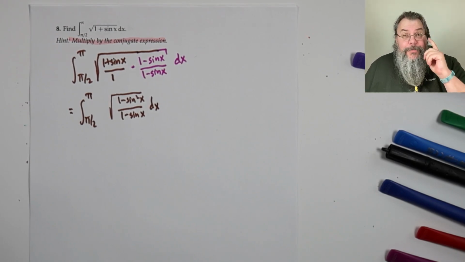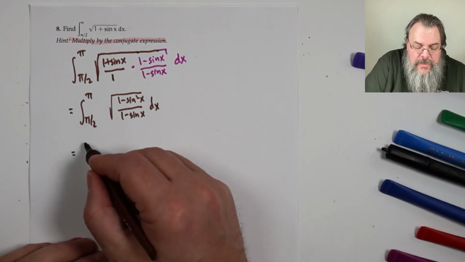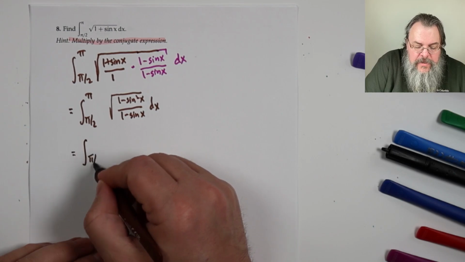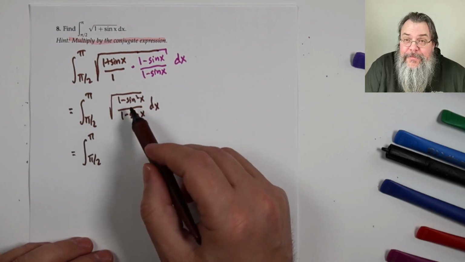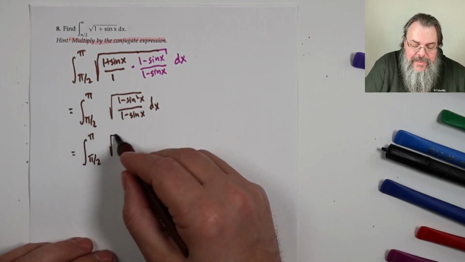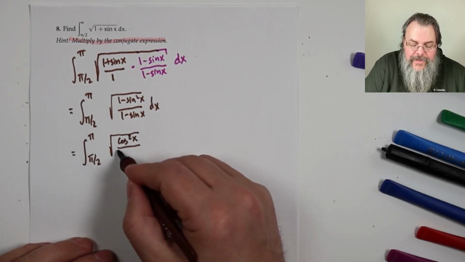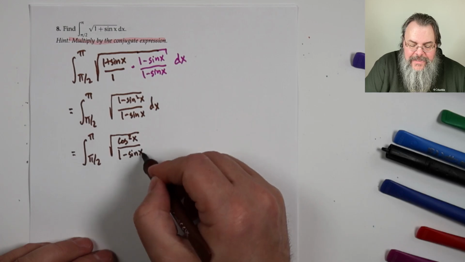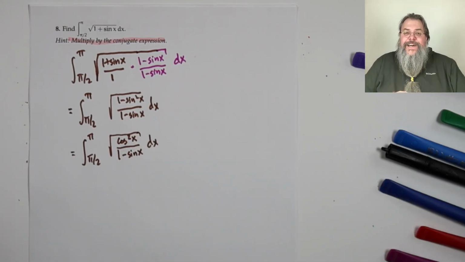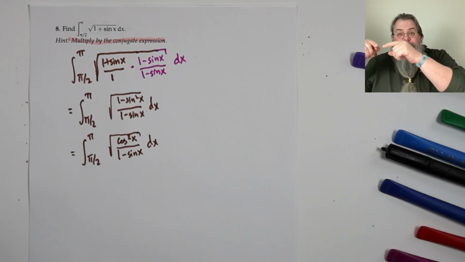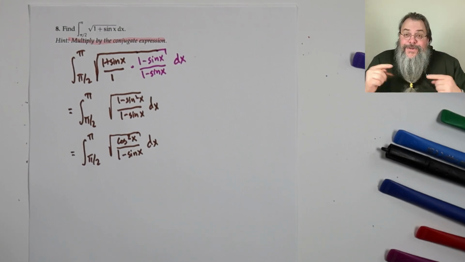We're going to go further. The whole reason we did conjugation is we wanted to get that 1 minus sine squared, because this becomes cosine squared. Nice, because we have a square and a square root, and we can do stuff with it.